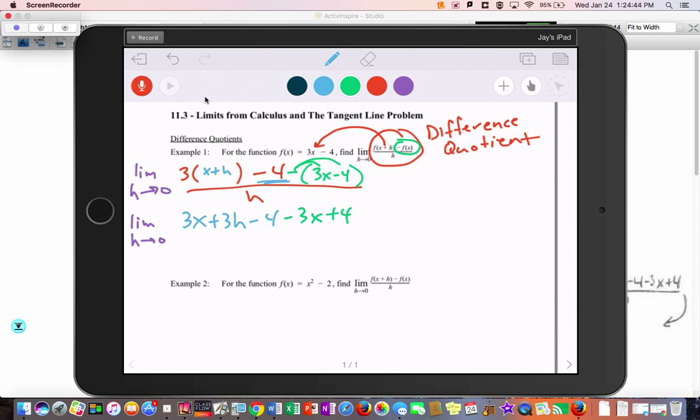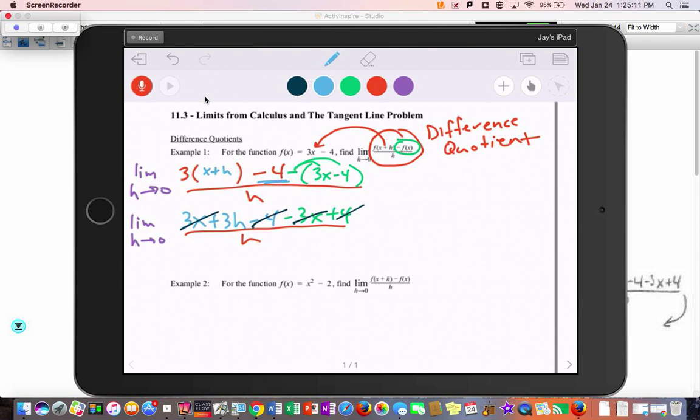Double negative there, all over h. Now, some of this stuff should cross off, and typically when you're doing the difference quotient, all the stuff that I wrote in green, the subtracting the function part, will all subtract off or add up to 0. So there's a negative 3x and a positive 3x. There's a positive 4 and a negative 4.